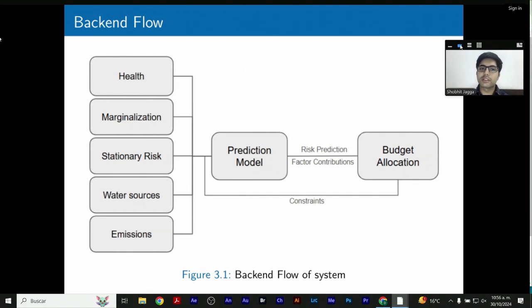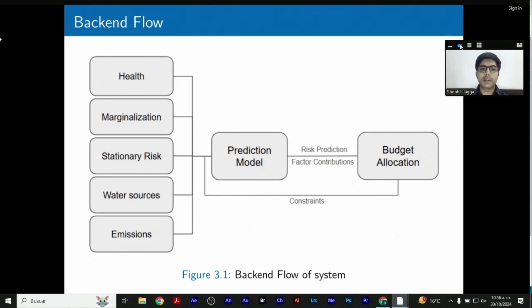These feed the model risk of a municipality for a particular year to the prediction model, which outputs the risk prediction for the municipality for next year along with the contributions of those risk factors that were input. The risk prediction and factor contributions are then used for optimal budget allocation.